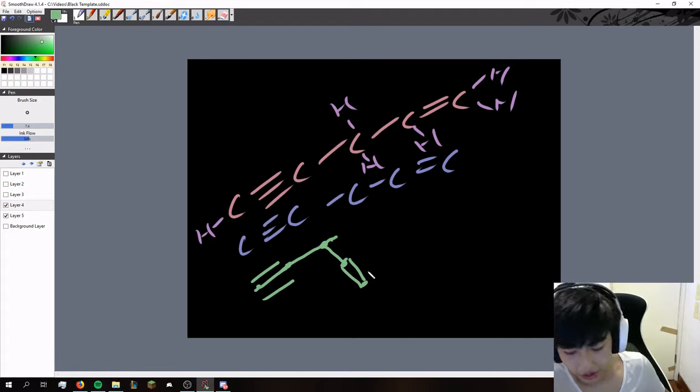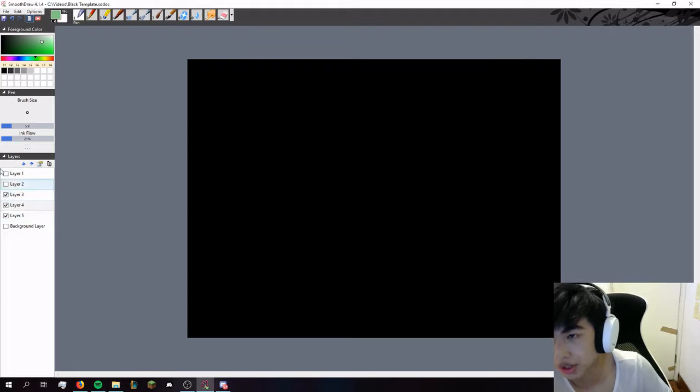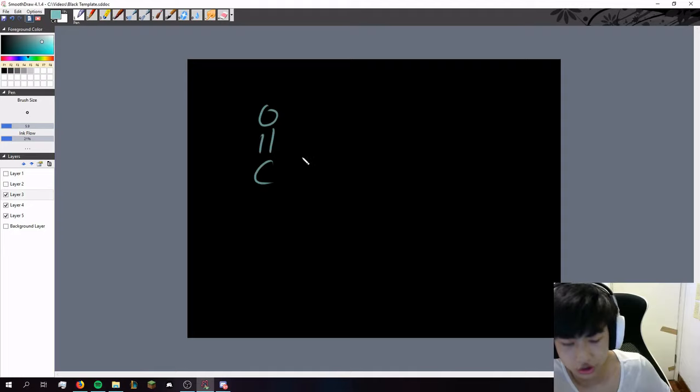The same can be applied if you try to draw any given molecule that's not only a hydrocarbon. So say we had a simple amide. Say you have carbon double bonded to an oxygen, and NH2. Say we have something like that.